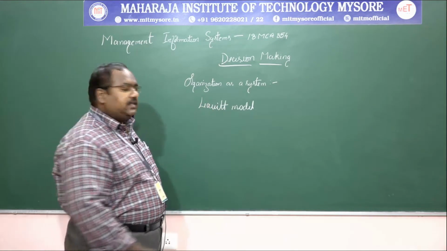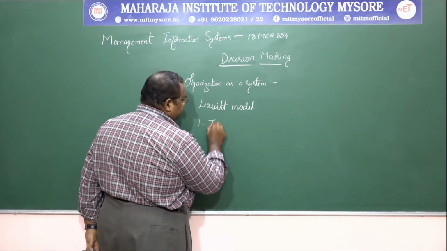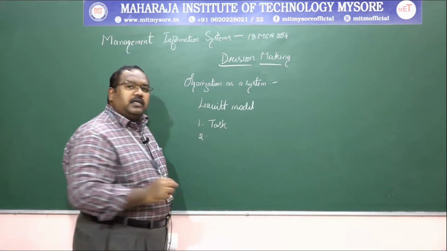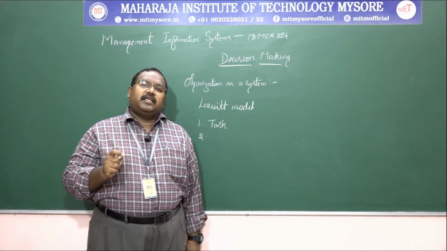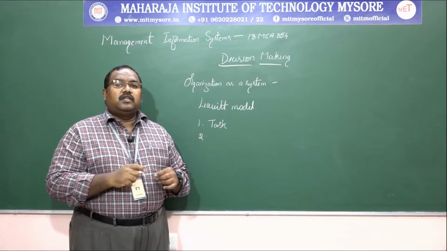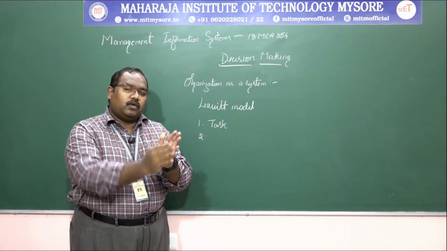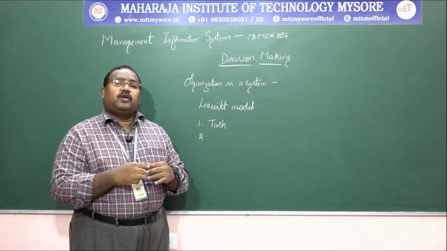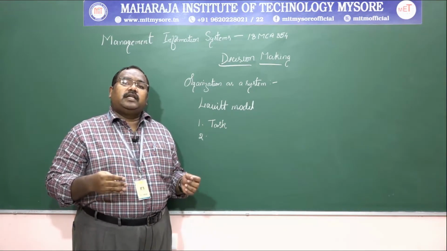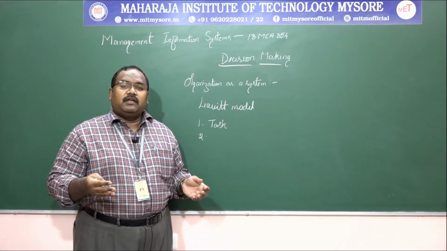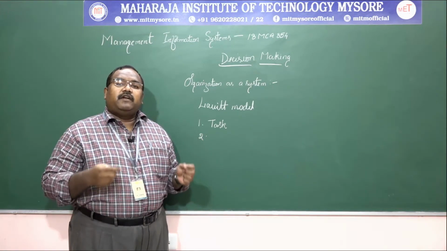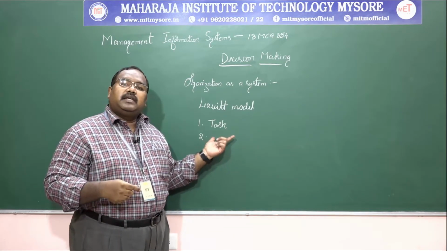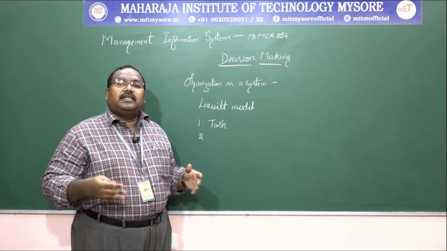The first component, he says, is task. Different tasks are given to different individuals. The task performed by one person is totally different from the task performed by a second person, because each person in an organization is placed at a different level, in a different position, with a different culture and nature of work. Each one should be assigned a task so that no two persons carry the same task.